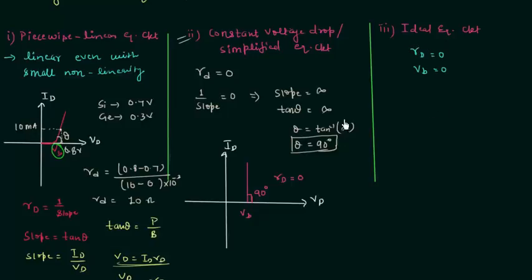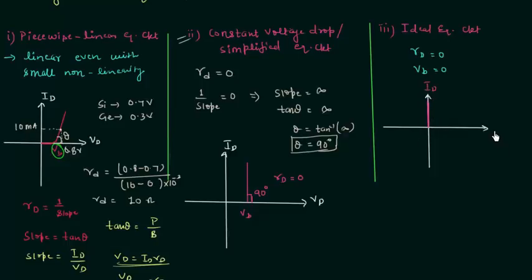And it is very easy to plot it. In forward bias region, as barrier potential is equal to 0, we have plot like this.